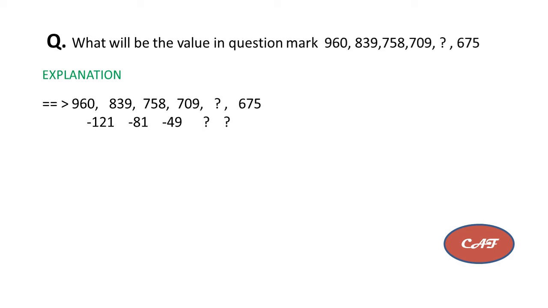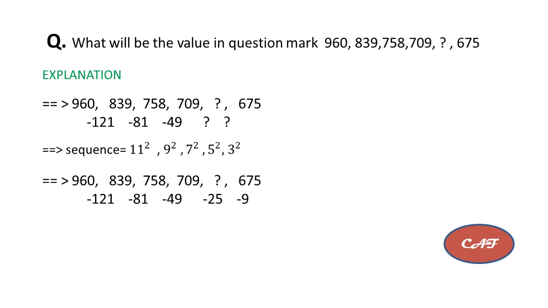Okay, if you see, 121, 81 and 49 are in the sequence of 11 square, 9 square, 7 square. So 11 square means 121, 9 square is 81, 7 square is 49. So that sequence is like 11, 9, 7. Next 5 will come. Next 3 will come. So from 709 I have to subtract 5 square.